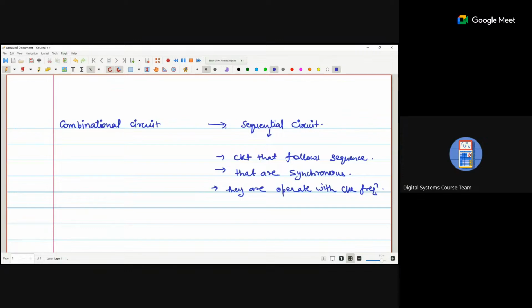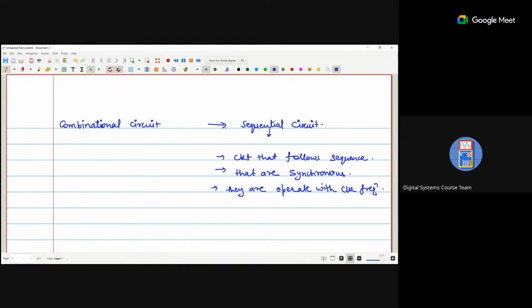Similarly, in our computers or microprocessors, the clock frequency tells us when an operation will start.